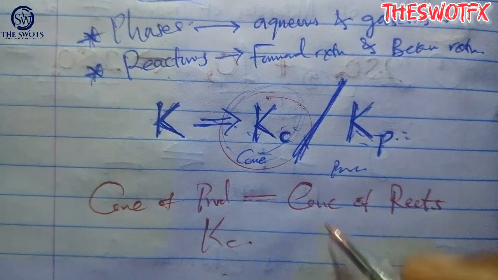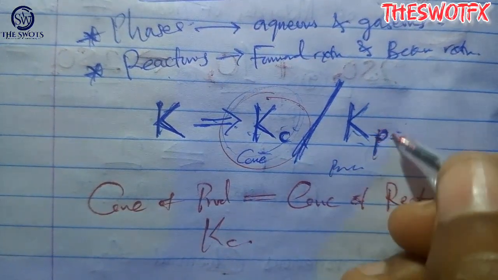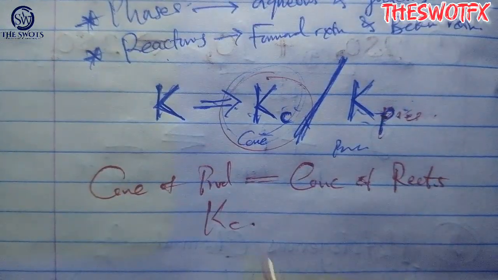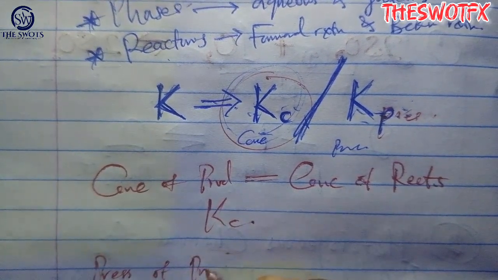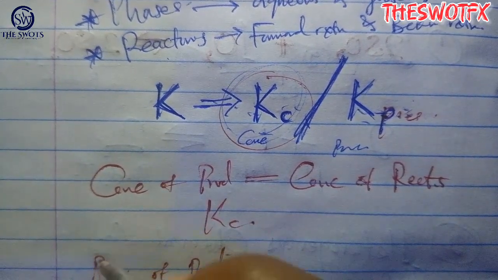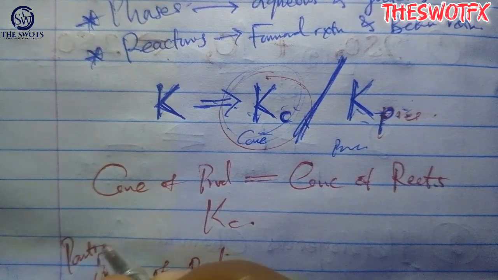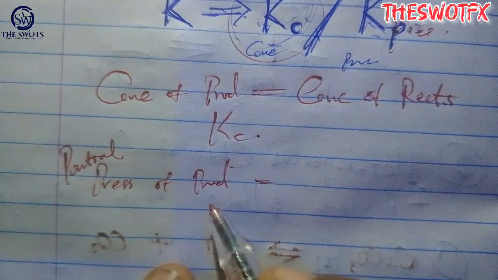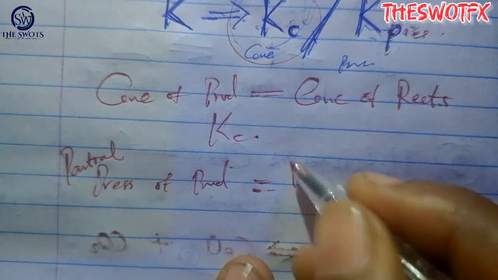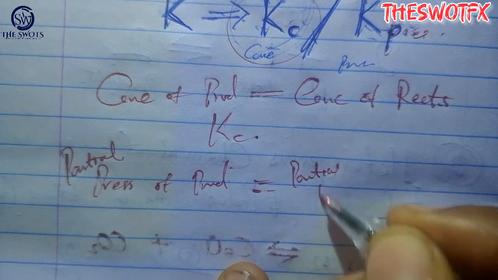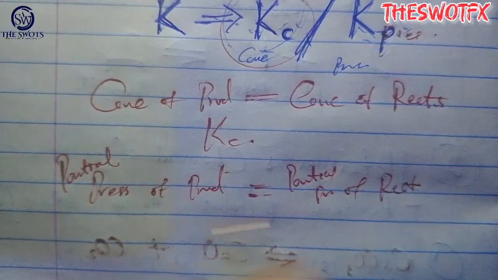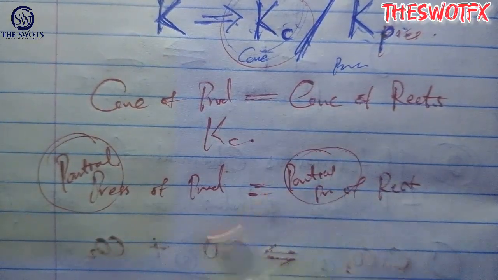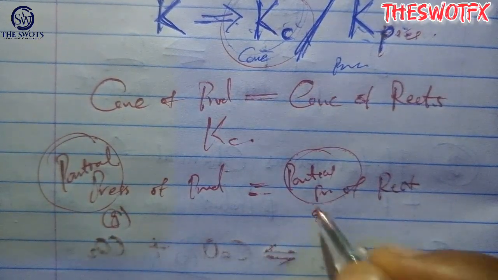Then for pressure, it is when the partial pressure of the product is equal to the partial pressure of the reactants. Please take note, this partial pressure relates to gas.